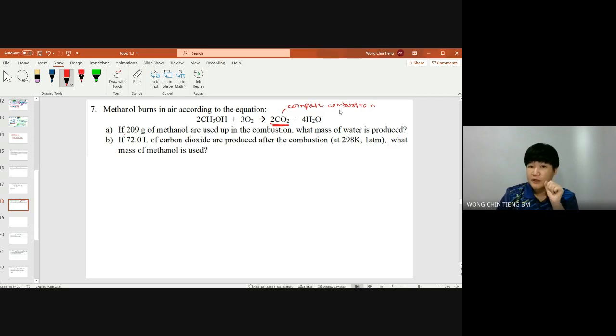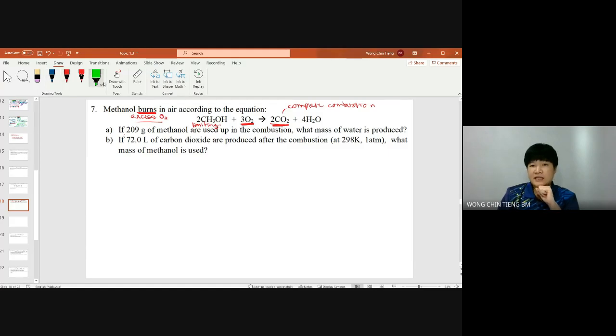So when it's a complete combustion, you must burn, alright, everything, whoever yang kamu bakar tu must be burned in excess of oxygen gas. So when in excess of oxygen gas, therefore go say, my O2 over here is definitely excess. Therefore, methanol straight away limiting. Okay? Setuju setakat ni?